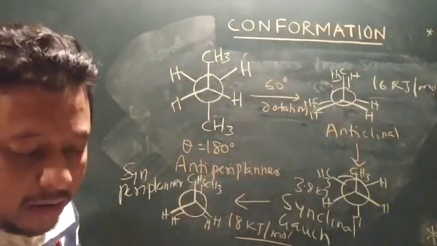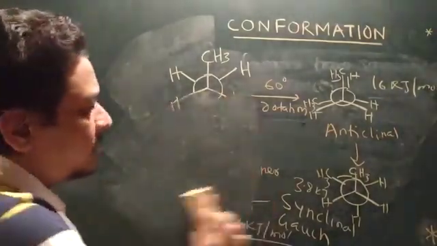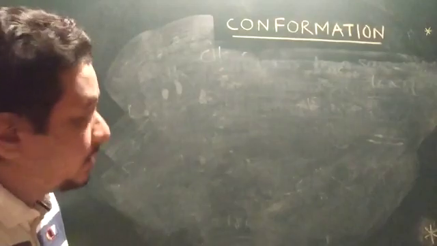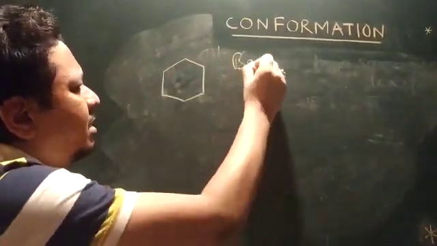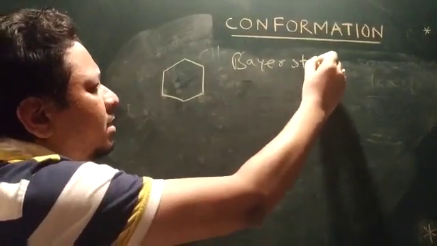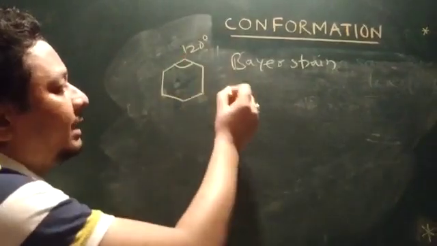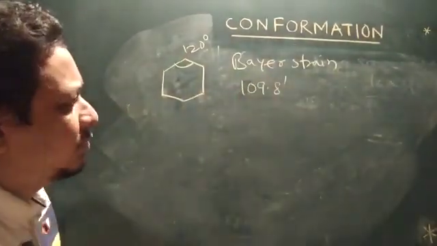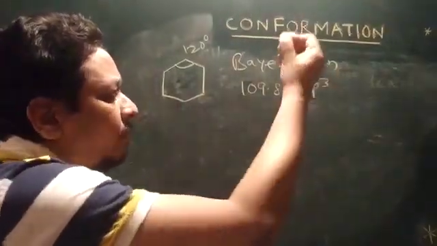Okay. So after that, let us move to cyclohexane. We have the different conformations of cyclohexane, as per the Baeyer strain theory. This is 120 degree, but for sp3 it is 109.8 degree, you can just find it out. This is the sp3 bond angle.